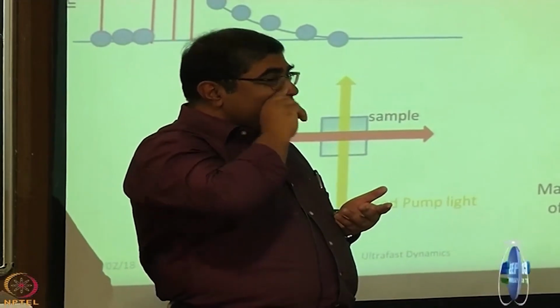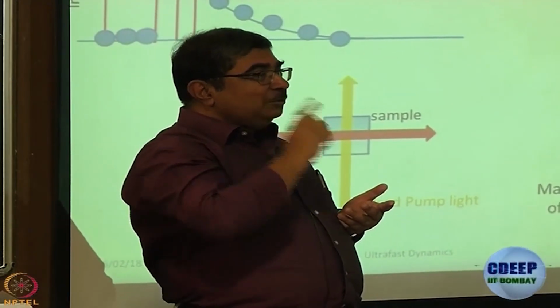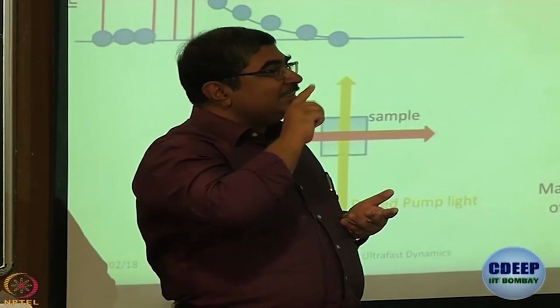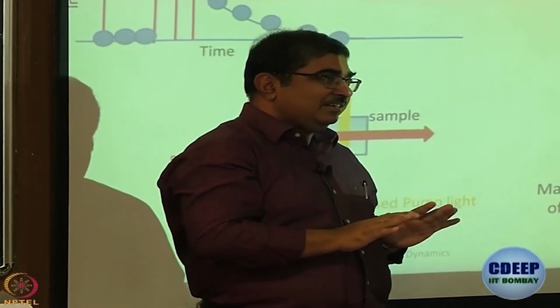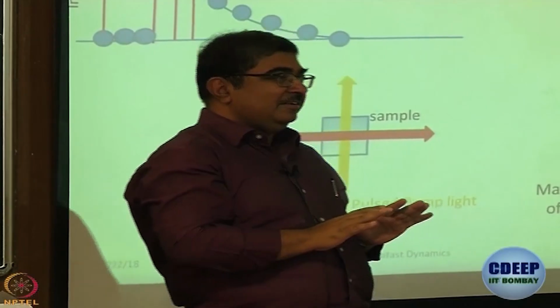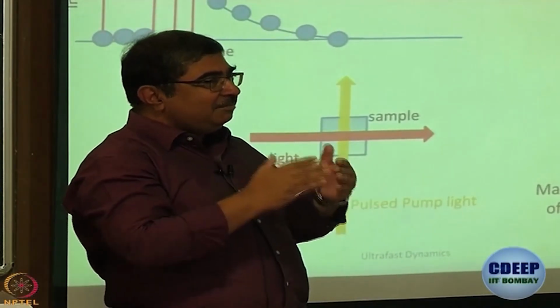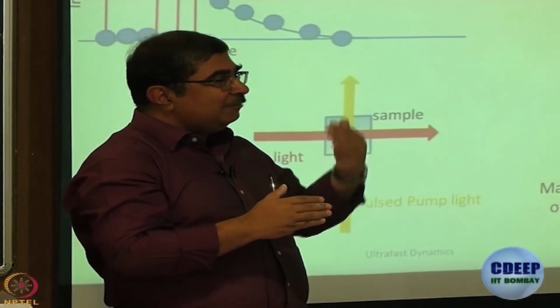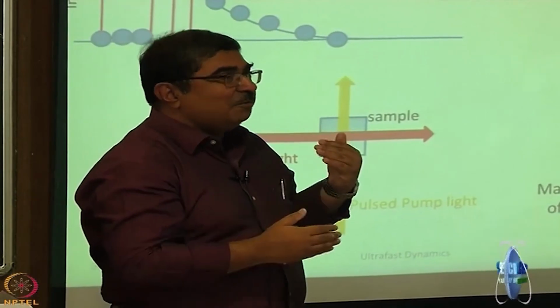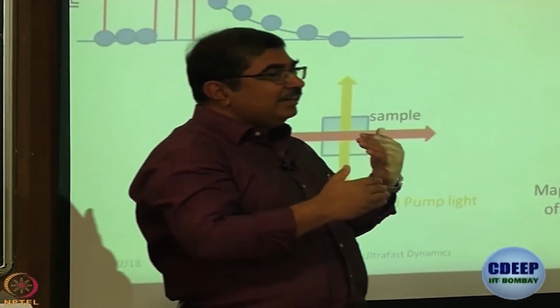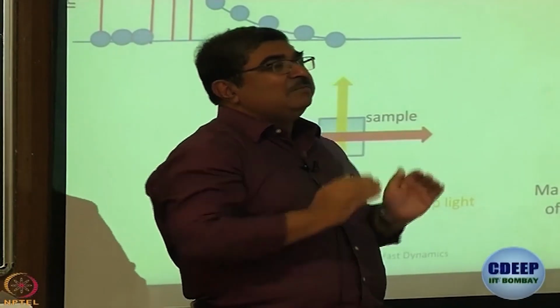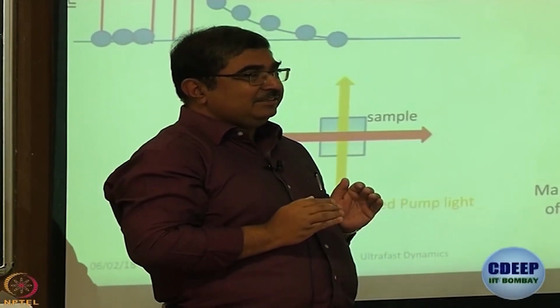So this decay that you see is due to the decay of the excited state population by radiative pathway, non-radiative pathway, whatever. Alright? It is simply the decay of the population that would have been even if there were no probe. All the probe does is that it gives you a handle of seeing what the population is at different times.